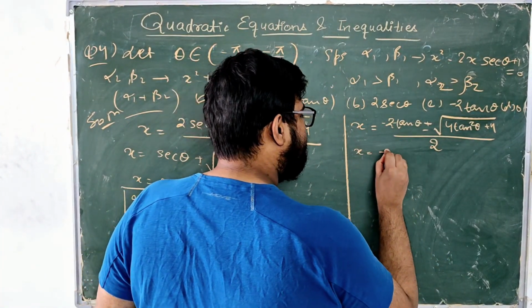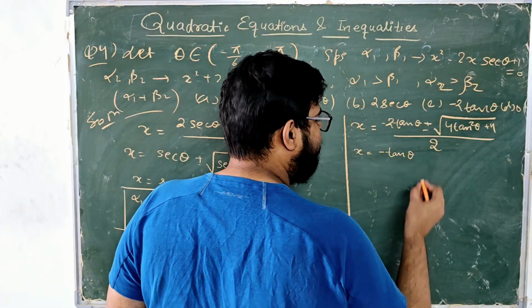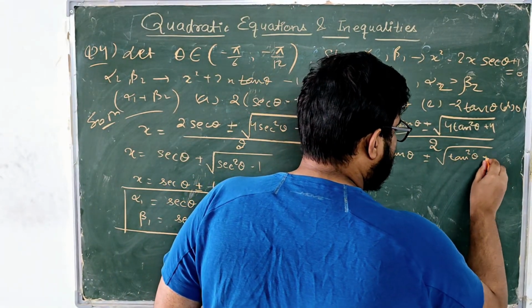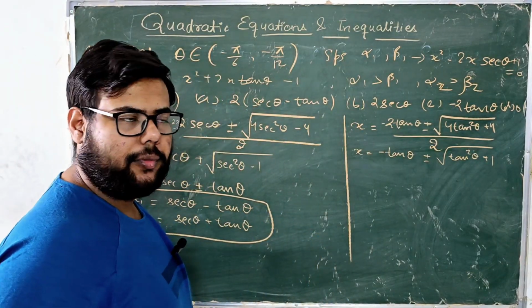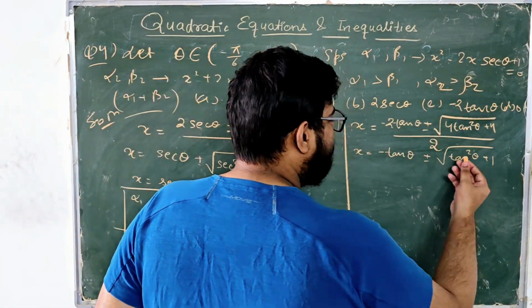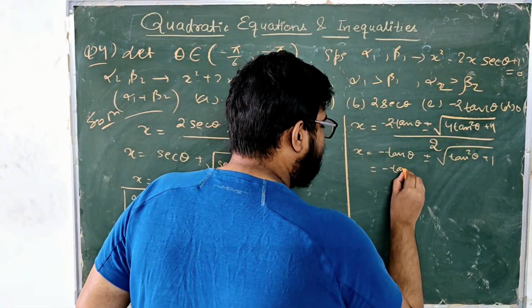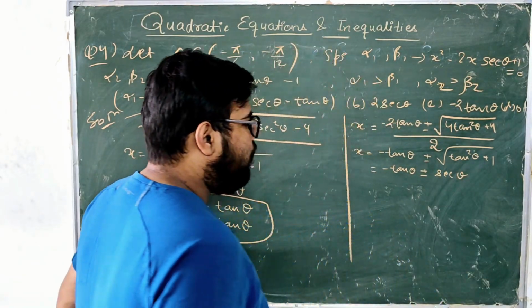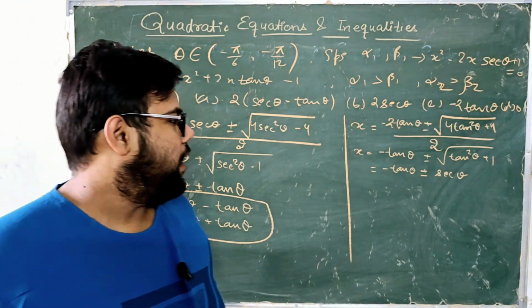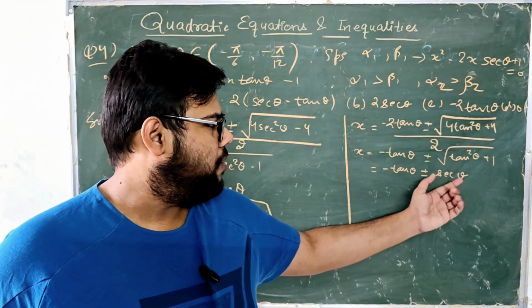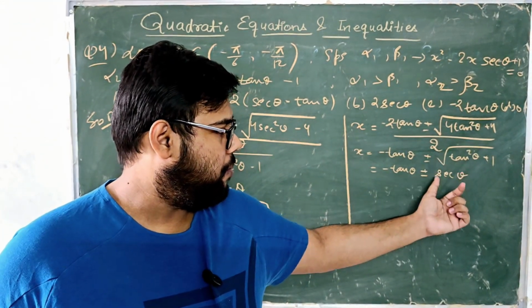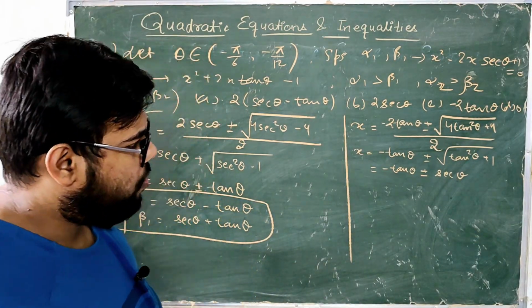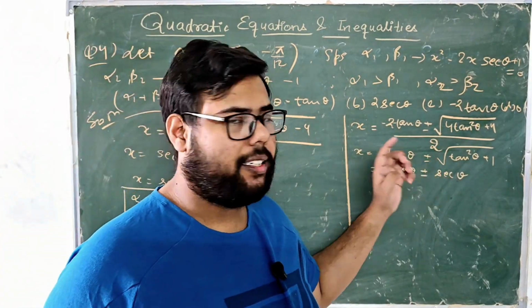Similarly, x is over here minus tan theta plus minus root tan square theta plus 1. Correct? So you'll get negative tan theta plus minus sec theta. Now you all must be thinking that after taking the square root, we should have written modulus of sec theta, right? But that's not required because we already have the plus minus sign over here.